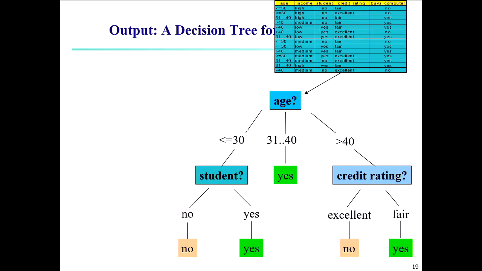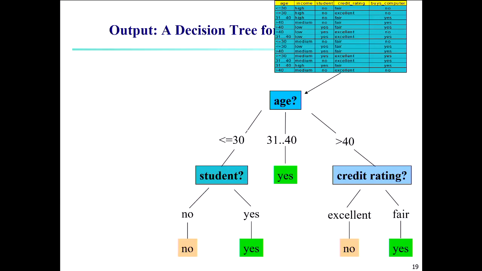The external node, which is the leaf, corresponds to a decision, or a prediction, or a class label. In this case, it is yes or no, representing whether he would buy a computer. And each edge corresponds to a value or a value range of the attribute.